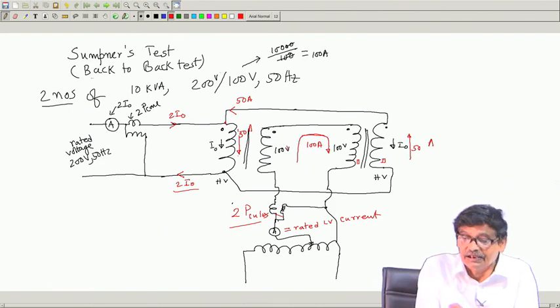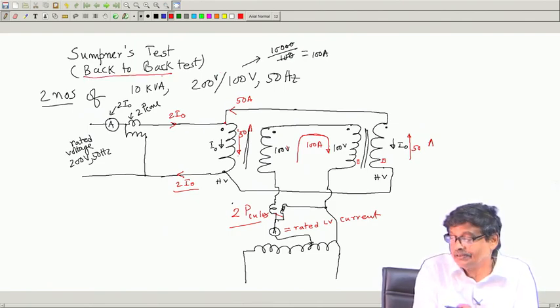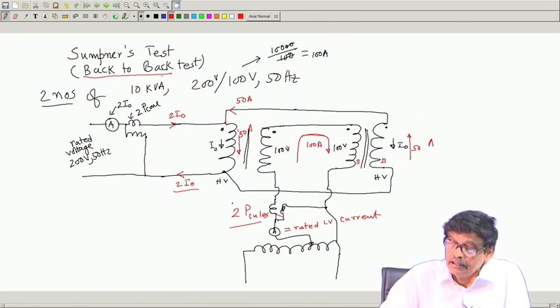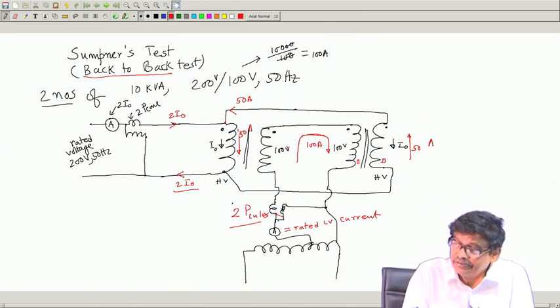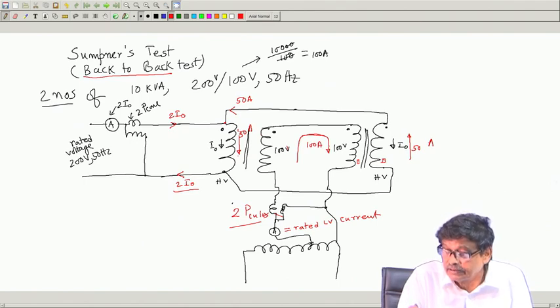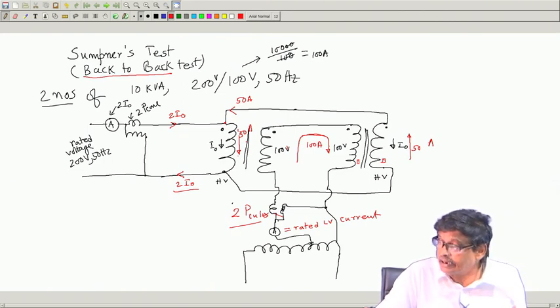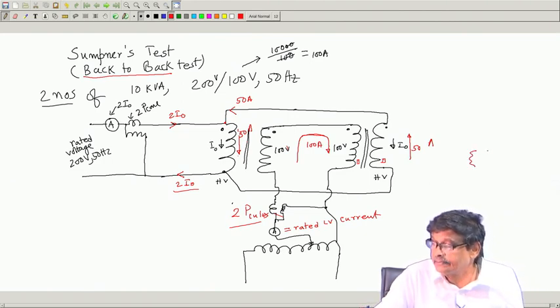So, why it is called back to back test is also understood: you connect the secondaries in back to back manner, but the only condition is you must connect them in the proper way after noting down these dots correctly. For dots, do the previous test. You should not connect the secondaries just like that.